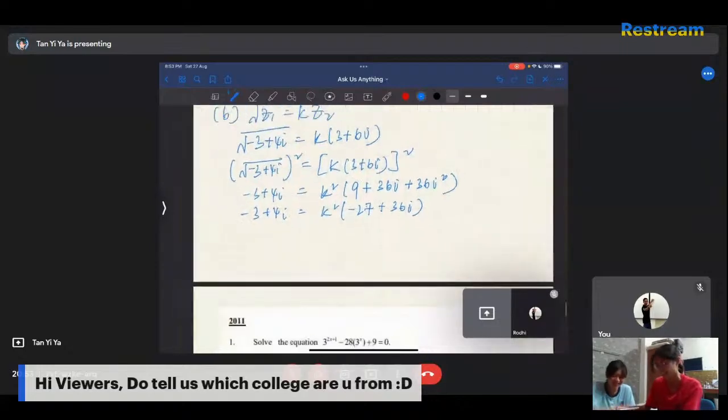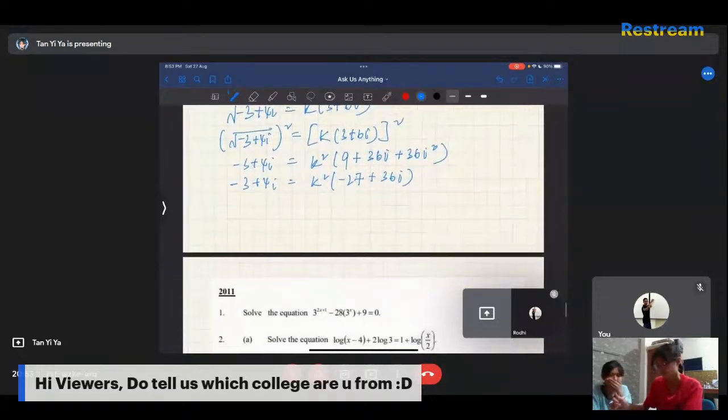Okay. So we just expand it and it will become negative 27k squared plus 36k squared i. So we just compare it.